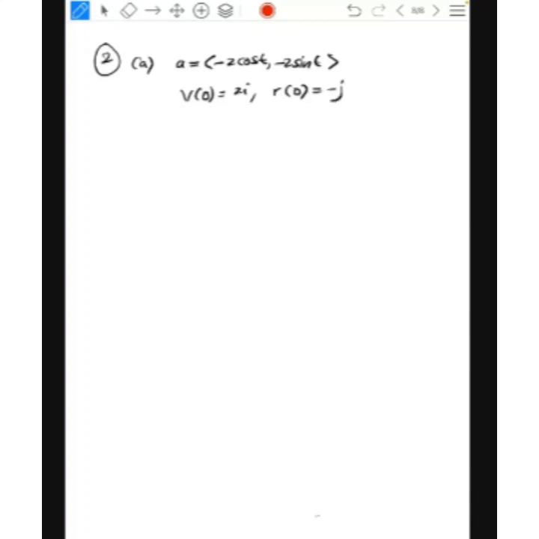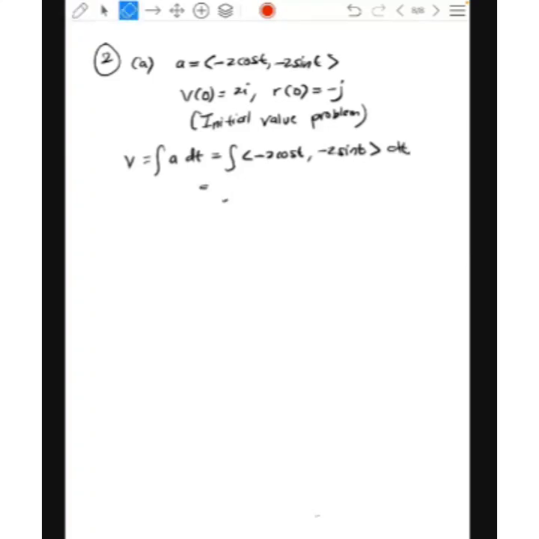This is what we call the initial value problem. So to find v, we have to integrate a, so we integrate negative 2 cos t and negative 2 sin t. Integrating cos gives sin, so negative 2 sin t.